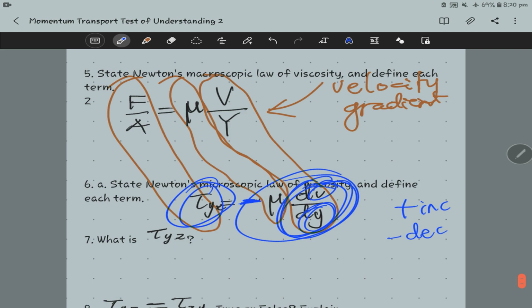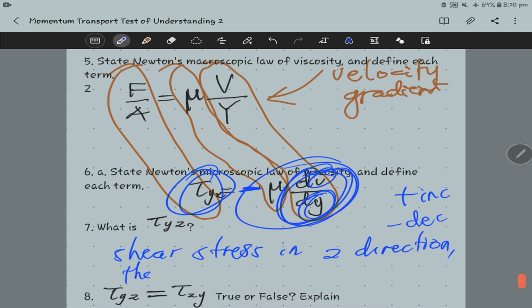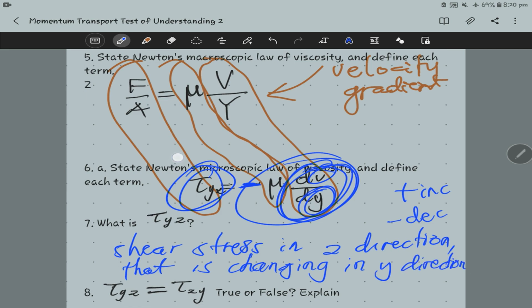So basically this one here, question 7, is shear stress in the Z direction that is changing in the Y direction, right?